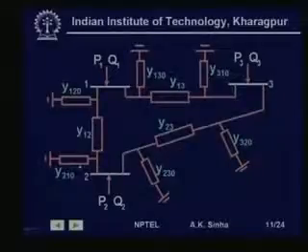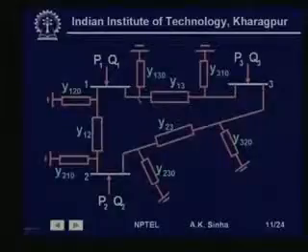Similarly, Y210 is the shunt admittance of the line at the bus end 2. So, this pi equivalent model is representing line L1, which is connecting bus 1 and 2.